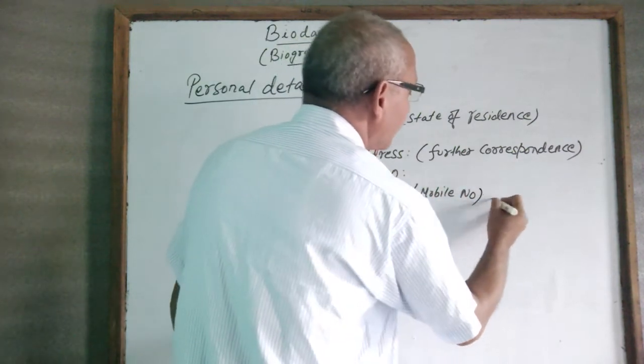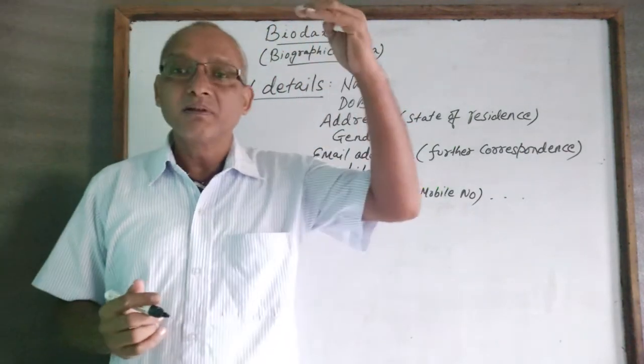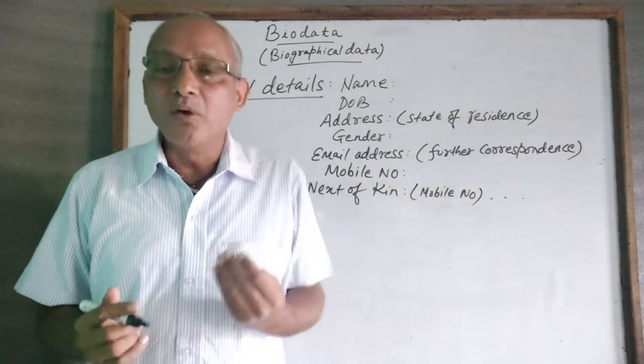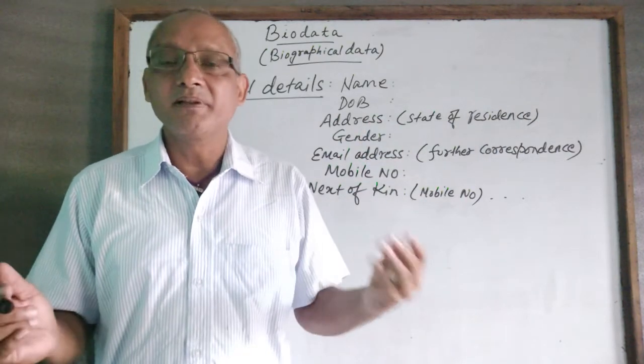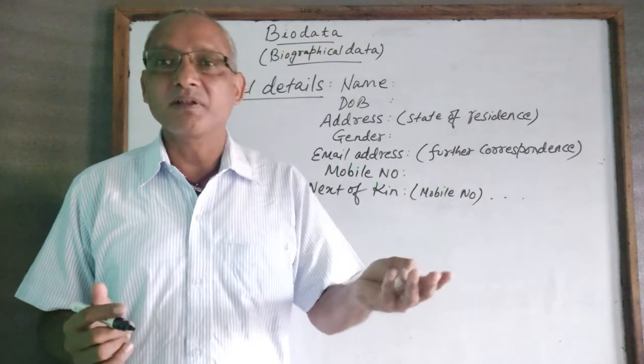Now, it's not that every time we are available when the people want us to know where we are. We may not be available sometimes. Somebody else might have to represent during our absence.